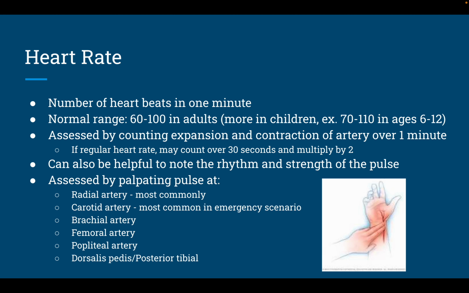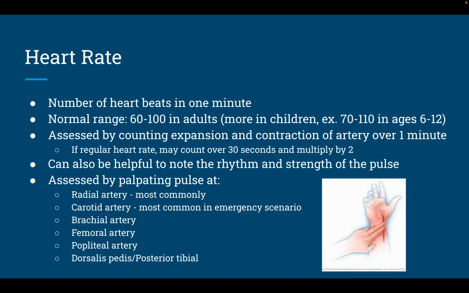The most common place where we're checking this is the radial artery, which you can see in the picture here. Most of you probably have a lot of experience with this, and you may have practiced checking a carotid artery pulse in basic life support, emergency scenarios. In infants, you might use a brachial artery.